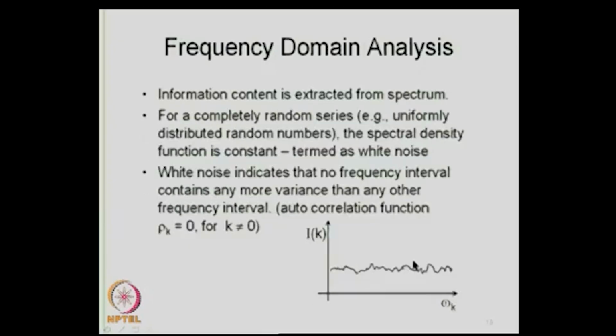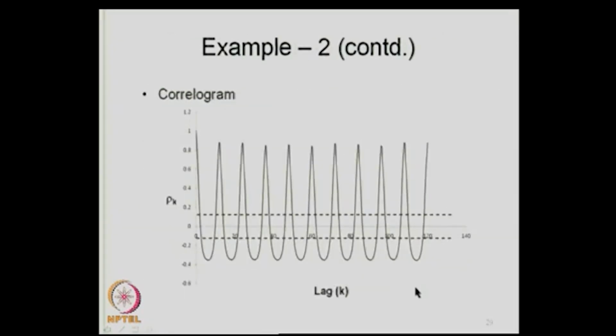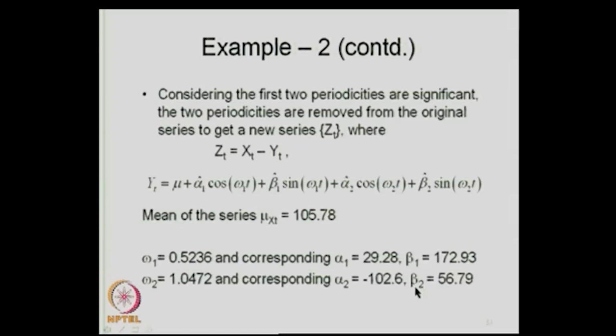So, you determine those and retransform the series. So, this is how you determine alpha 1 and beta 1. Similarly, for the second spike that we saw in the spectral density, you have omega 2 is equal to 1.0472, you get the corresponding alpha 2 and beta 2. So, here all the terms are known.